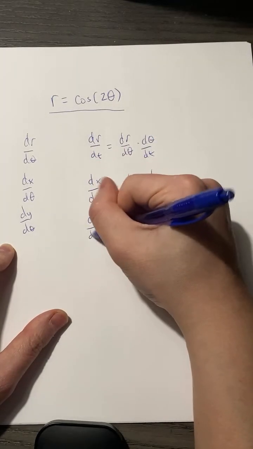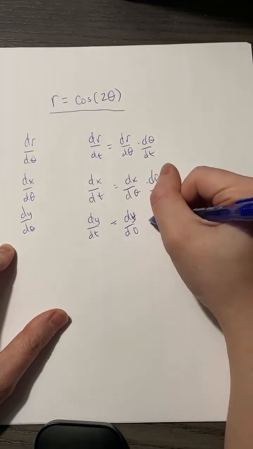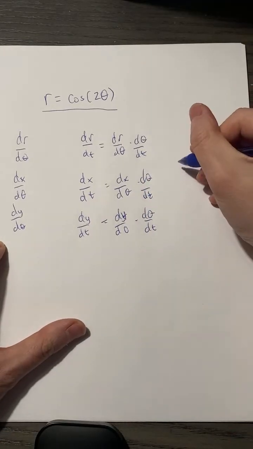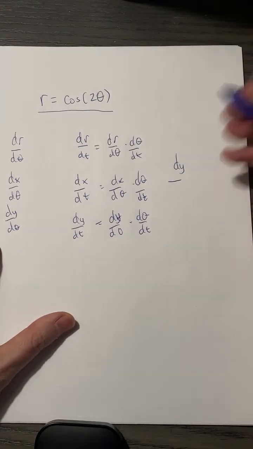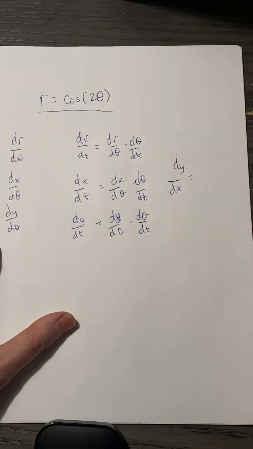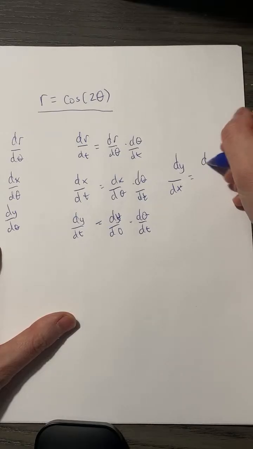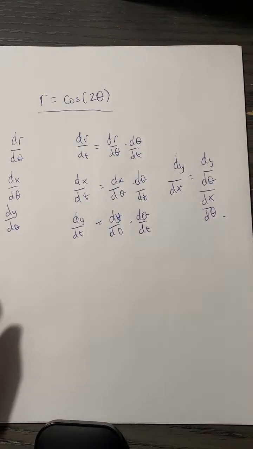Then dx dt. And finally, the derivative they ask a lot is dy dx. dy dx is the y derivative divided by the x derivative. Okay, so those are the derivatives you have to know. Theta derivatives are easy, t derivatives you have to multiply, dy dx is one derivative divided by the other derivative.